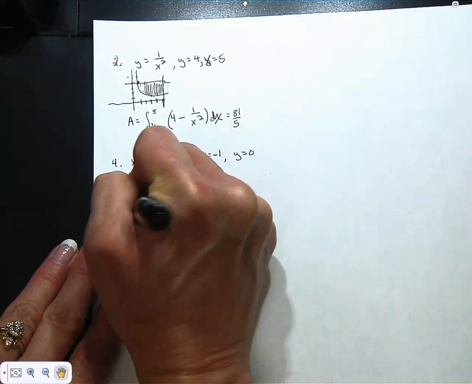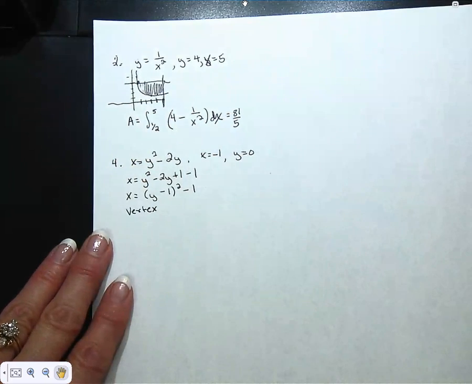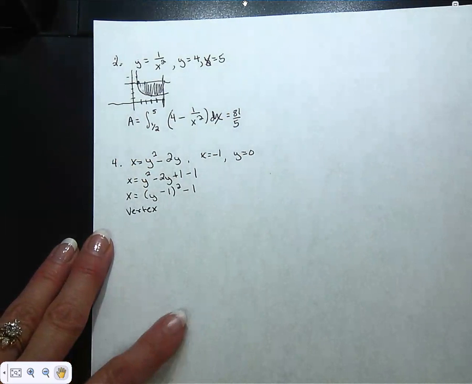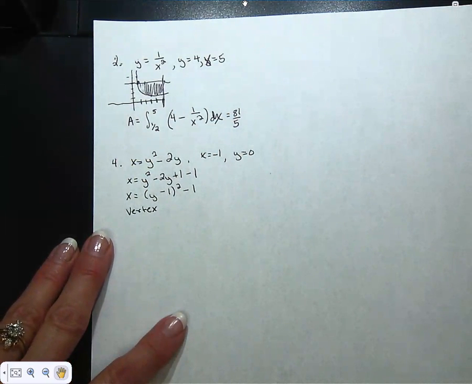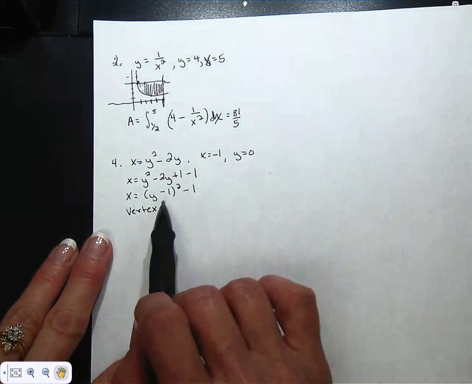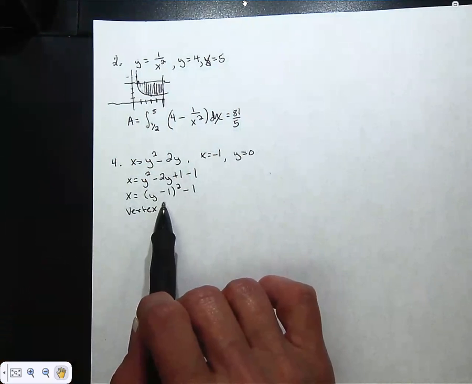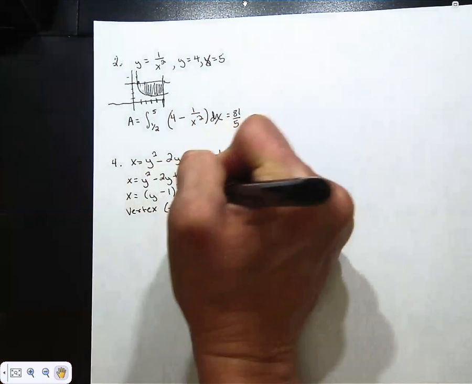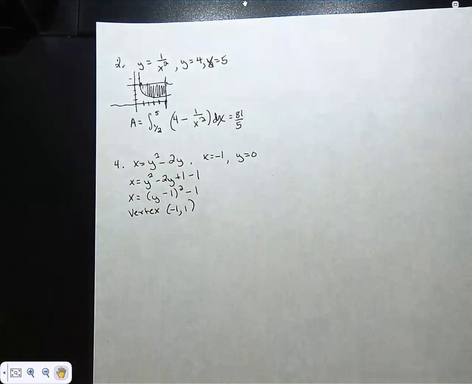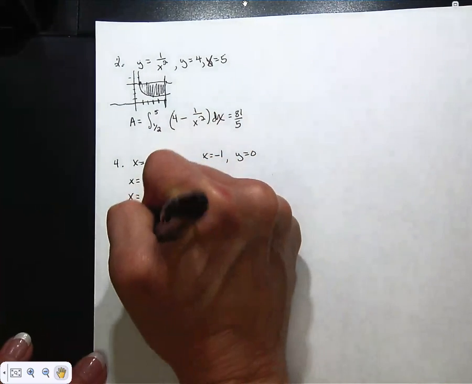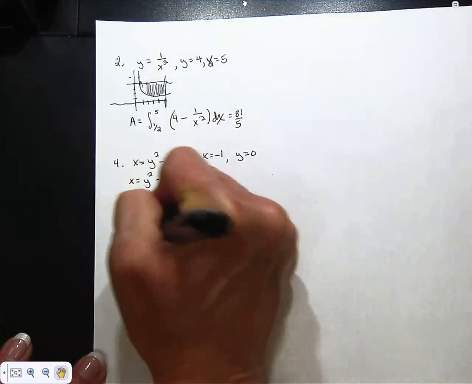And what's the vertex of that parabola? It's opposite of the guy in parentheses and the guy on the end, except the guy in parentheses is the y coordinate of the vertex. So that vertex is at -1, +1.